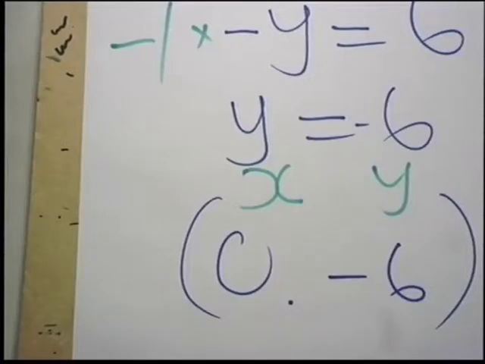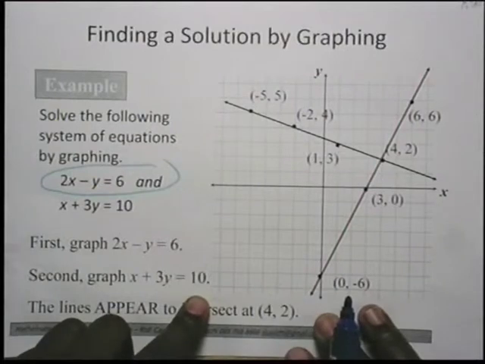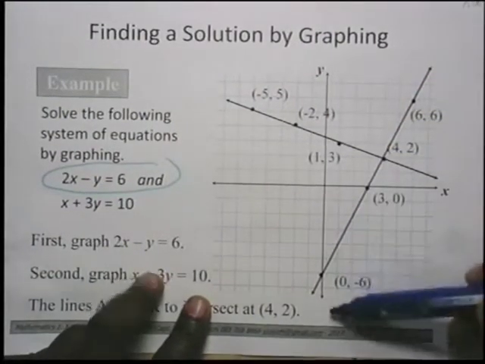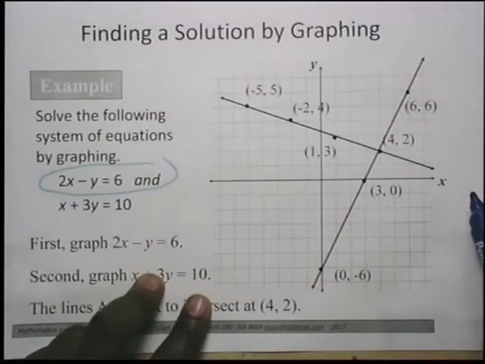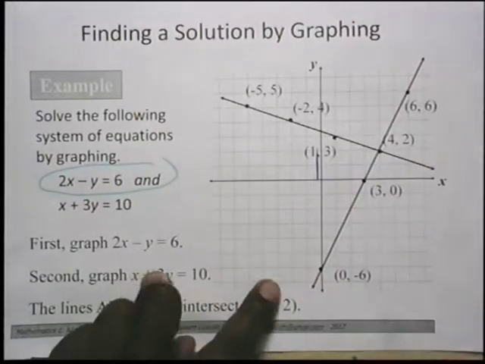Now, if we were to go to our graph, we've got a point: 0 and minus 6. If you look, this line is our y-axis and this one is our x-axis. The point where x is 0 is here.